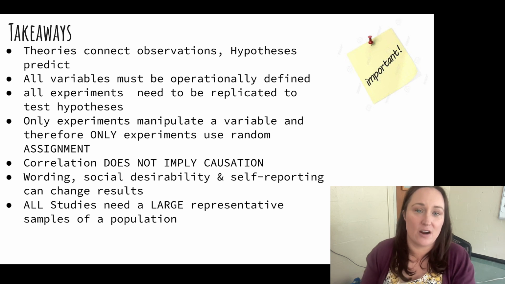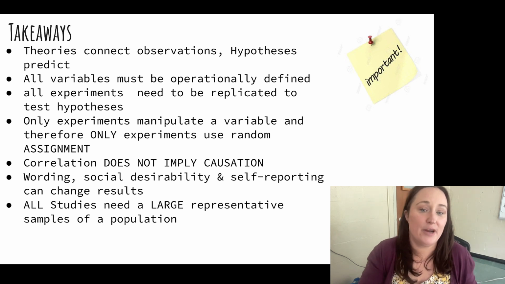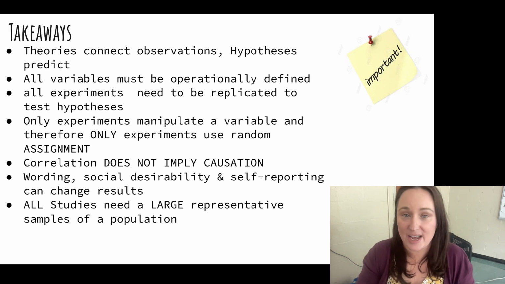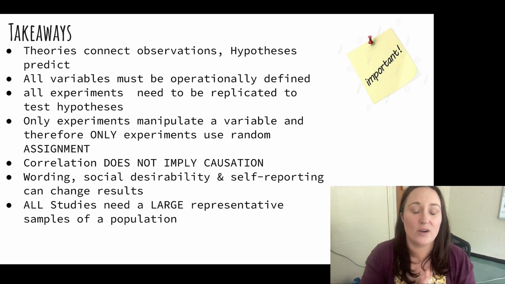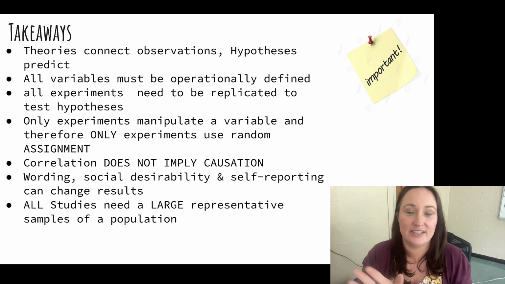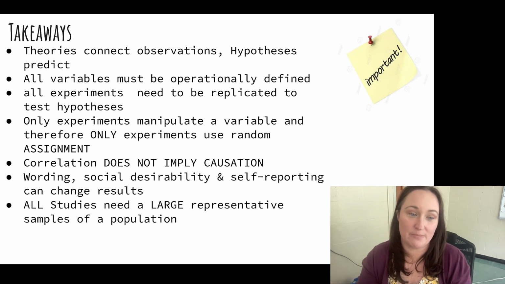Only experiments manipulate a variable, and therefore only experiments use random assignment to put participants in a control or an experimental group. Correlation does not imply causation. Only experiments can test cause and effect relationships.